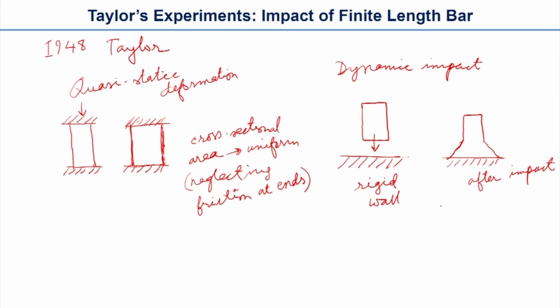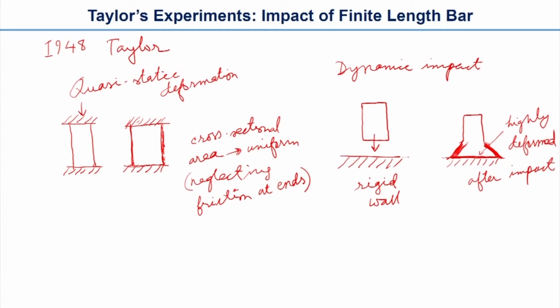The part of the cylinder undergoing the impact with the rigid wall will be highly deformed, and in the other part the deformation will be less.